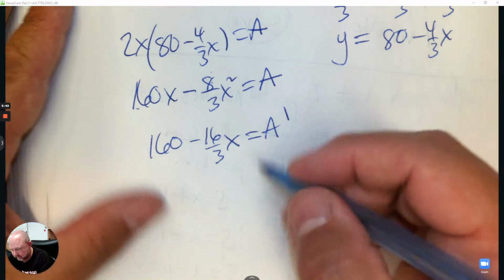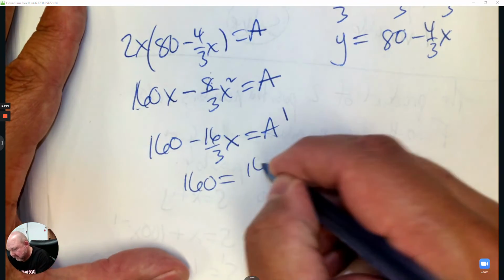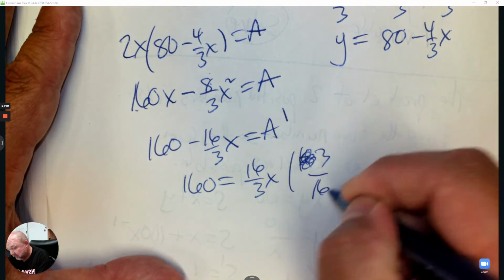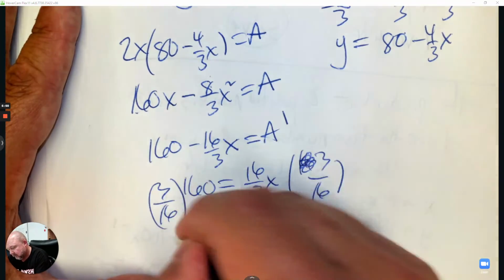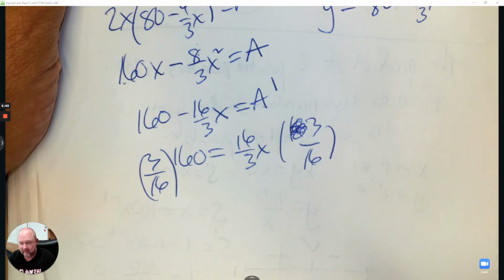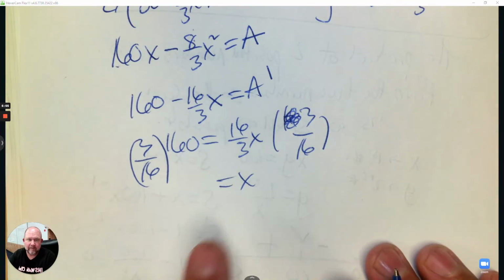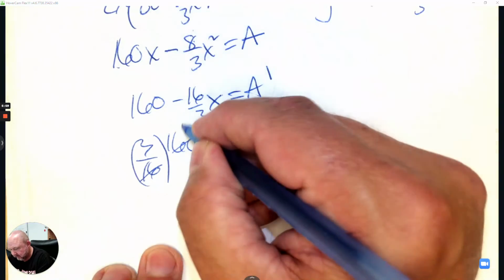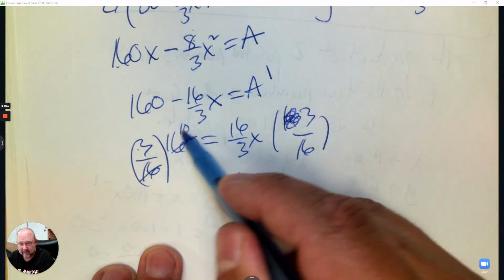And then solve this. So I'm going to add 16 over 3, and then I'm going to multiply times the reciprocal to both sides. If I multiply by the reciprocal, that means x is by itself. 16 goes into 160 10 times. So 3 times 10.